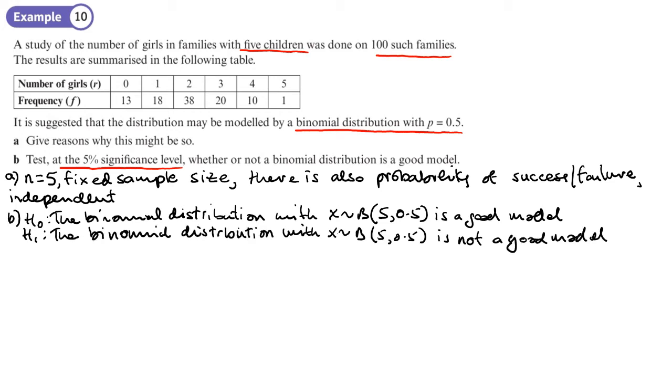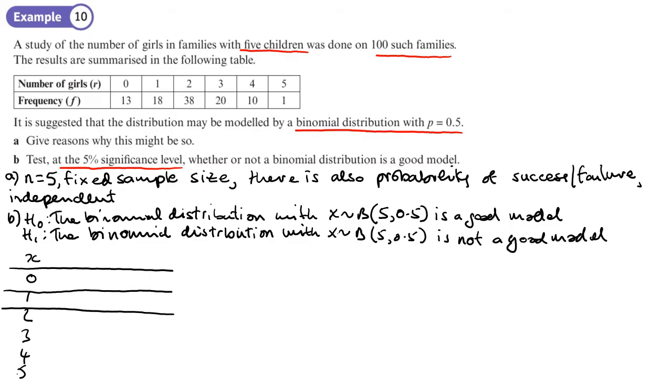So now we're going to use our calculator to work out the expected frequencies, expected probabilities. So I'm going to have x here, 0, 1, 2, 3, 4, 5, and then once I've got the expected probabilities, I will use that to work out what the expected frequencies are.